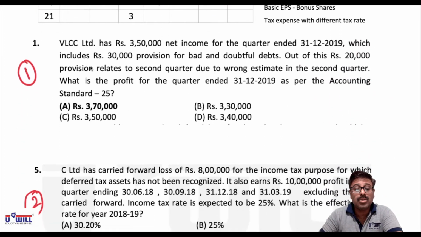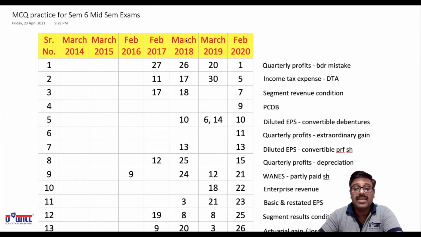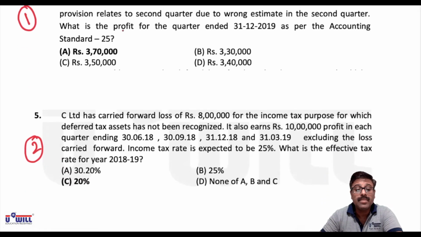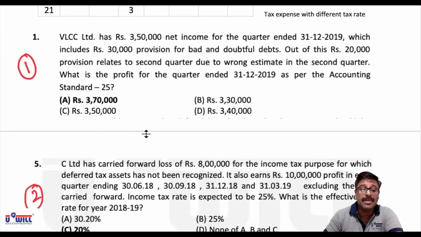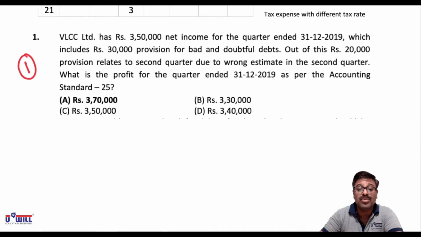So look at question 1. This is of February 2020 exams. Look at it, be attentive. VLCC Limited has rupees 3,50,000 net income for the quarter ended 31/12/09. Let us simultaneously keep solving it also.